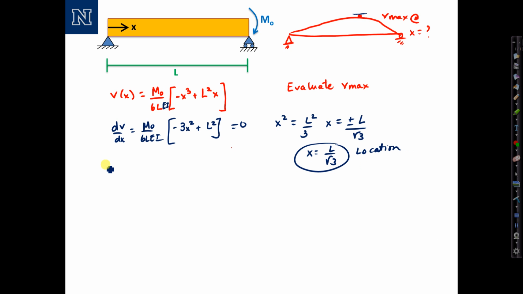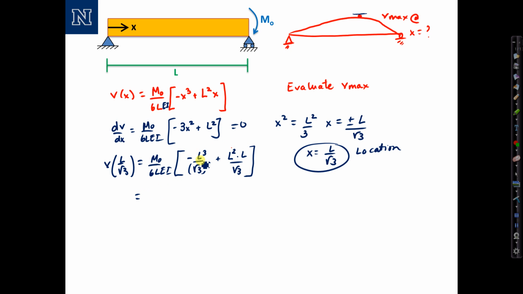Now to evaluate it, we'll evaluate v at L over root 3, which equals M0 over 6 L EI times negative L cubed over root 3 cubed plus L squared times L over root 3. I'm going to factor out the L cubed so I can work with the numbers in between.